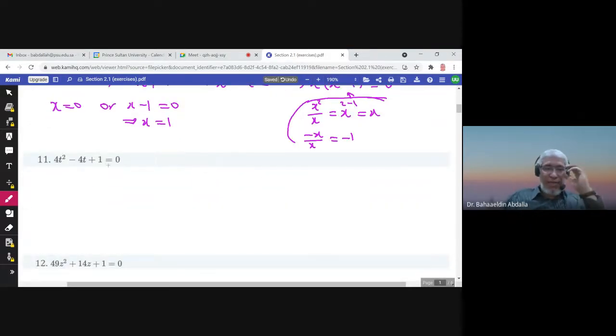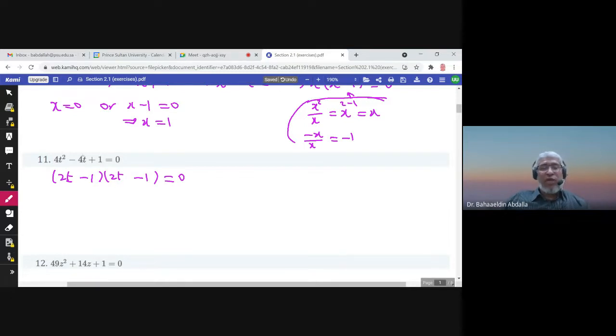3 terms, trinomial. The right-hand side is 0. So immediately I try to factor with parentheses. 4t squared, well, I can write it 2t times 2t. I also can write it 4t times t. Okay, it's up to you. Plus 1, I can write it -1 times -1, or plus 1 times plus 1.